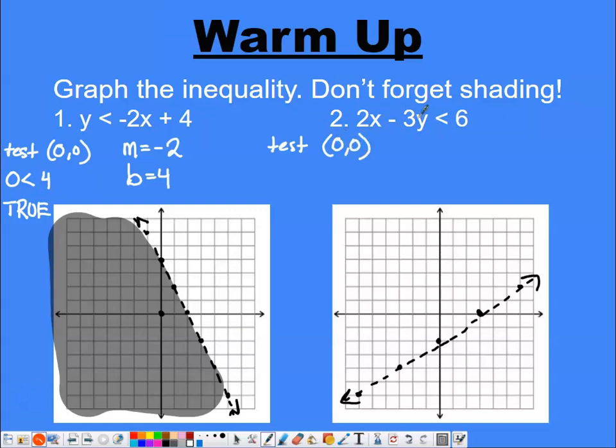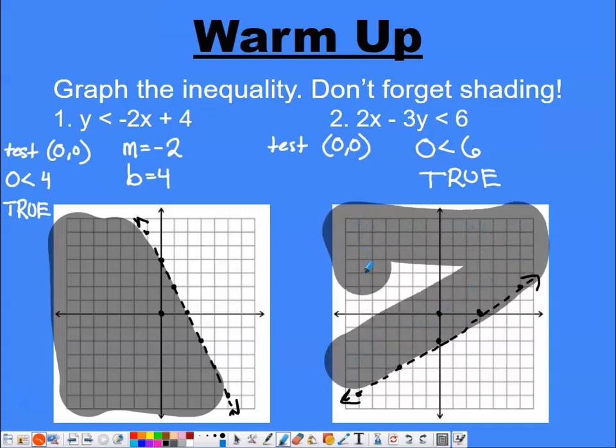Okay. So this left-hand side, 2 times 0 minus 3 times 0, that's just 0, is less than 6. Again, that is true. Meaning that 0, 0 is part of the solution, so it is in that shaded region. So I'm going to go ahead and shade that region as well. So we have this region right here. And those are our graphs.